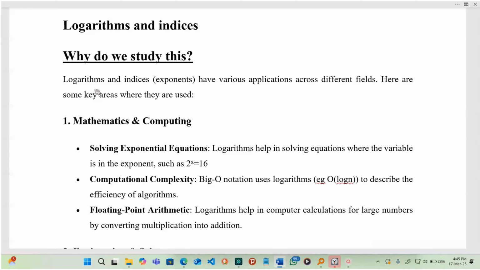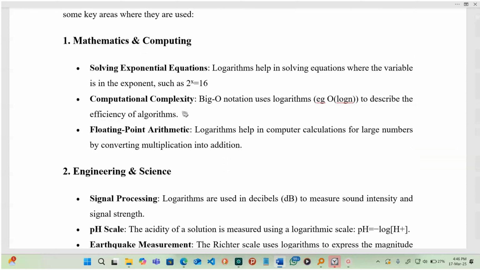Logarithms and indices, or exponents, have various applications across different fields, and here are some key areas where they are used. So we have mathematics and computing. In solving exponential equations, you need to understand that logarithms help in solving equations where the variable is in the exponent.